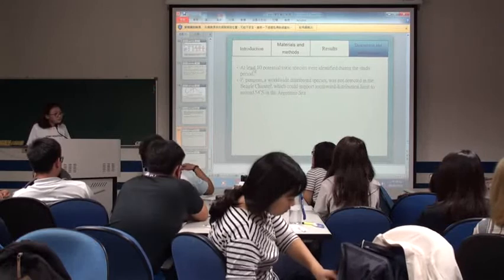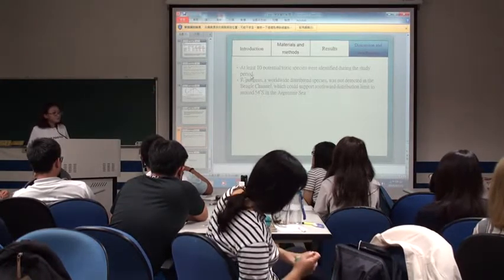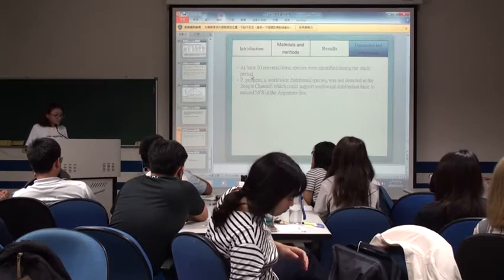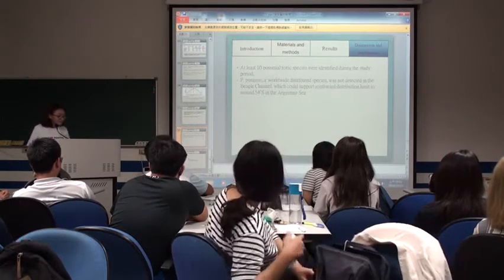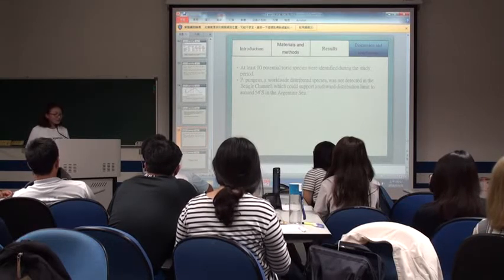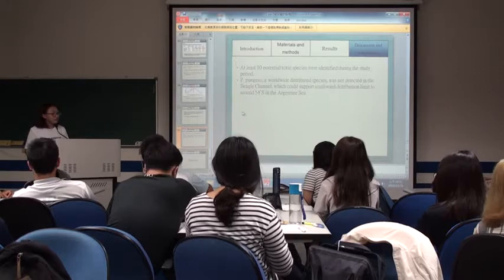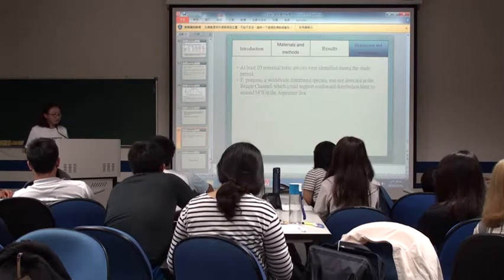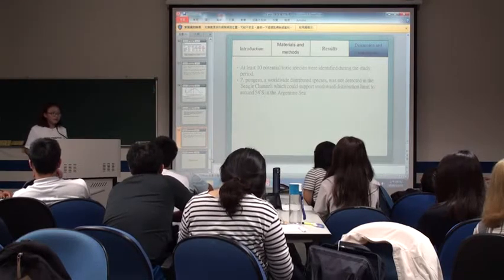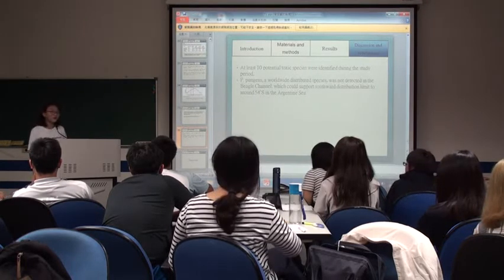I'm sorry, but can you explain your conclusion simply, because I don't really understand. My conclusion? Actually, in this conclusion, because this research is in South America, but not in Asia, so I don't have any conclusion.